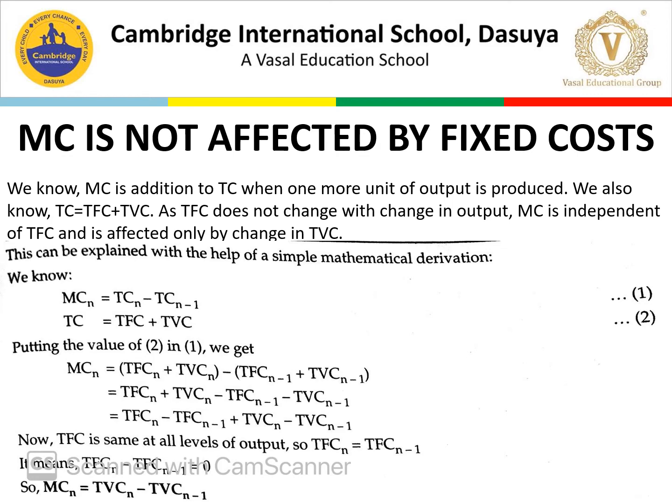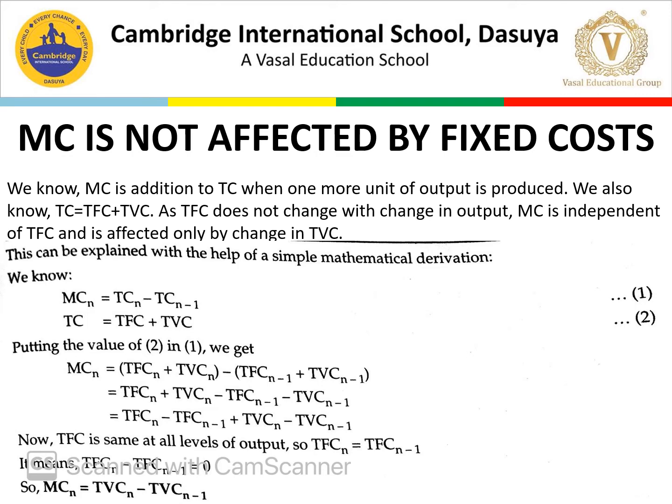Now see the mathematical derivation for this. This can be explained with the help of a simple mathematical derivation. It's very simple to understand, and it is not usually asked in the exam, but yes, this question can be asked. We know the formula we have already done: MCn is equal to TCn minus TCn minus 1.